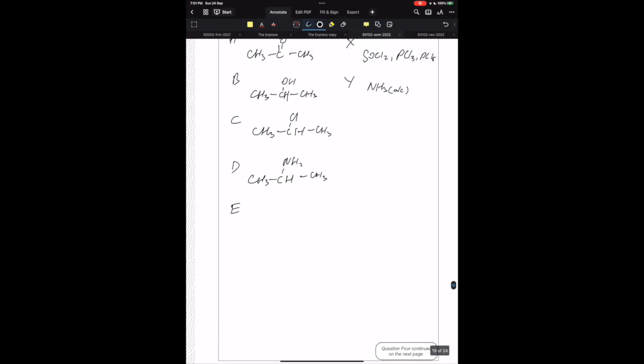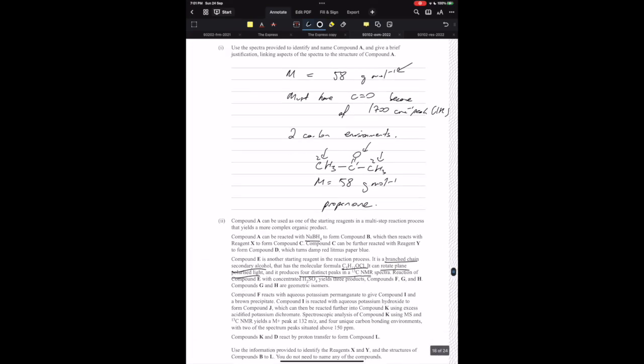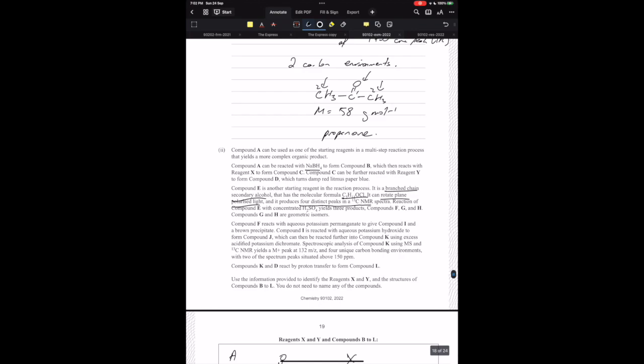So figuring out what E is really just a matter of trial and error. You can make a few shots in the dark, so CH3, CH, and then maybe an OH here, and then you would have CH. This would be the chiral one. The chiral one would most likely be the one with the OH on it, or with both the OH and the Cl on it, or a branched chain containing those groups.